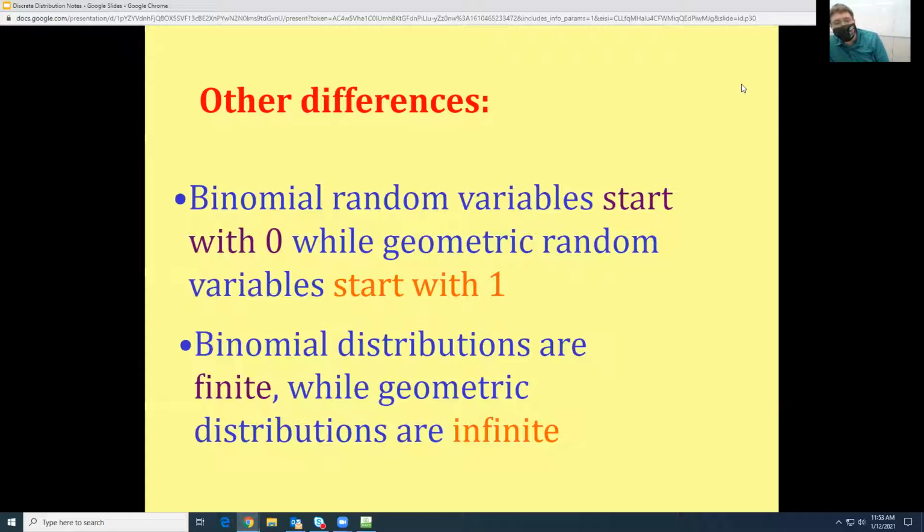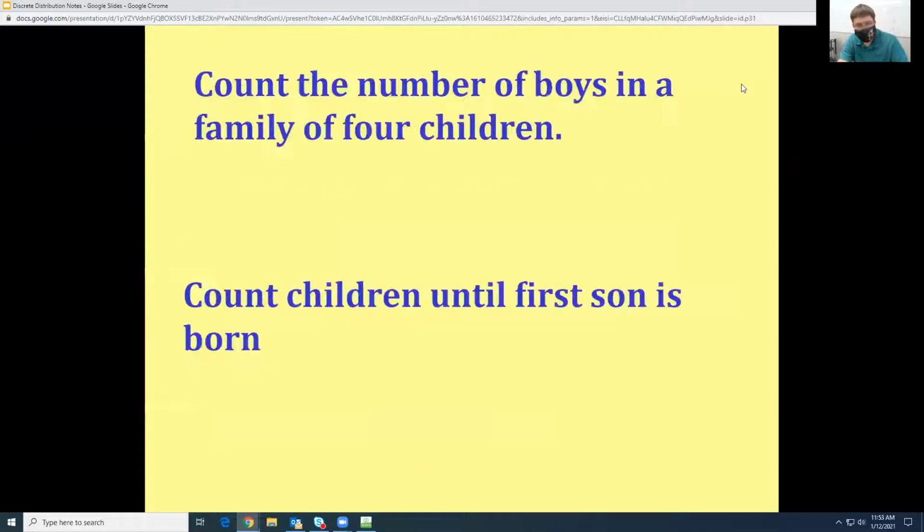And for binomial, all of the distributions are finite. So it's 0 through however many times you have already predetermined you're going to give it a go, versus geometric, it's 1 until you decide you're done calculating. So infinite. That doesn't mean it turns into a continuous distribution, because you can still count specific numbers of trials.